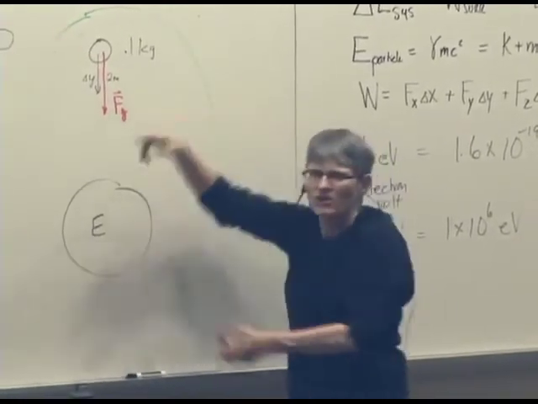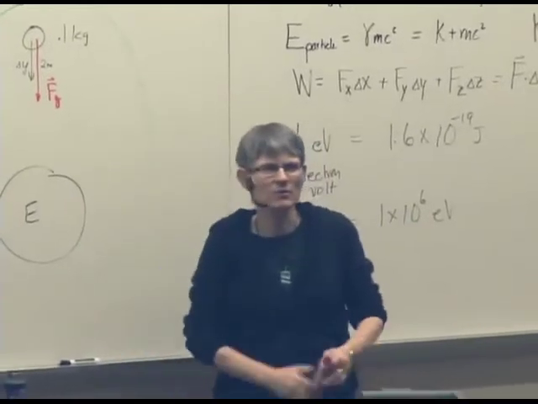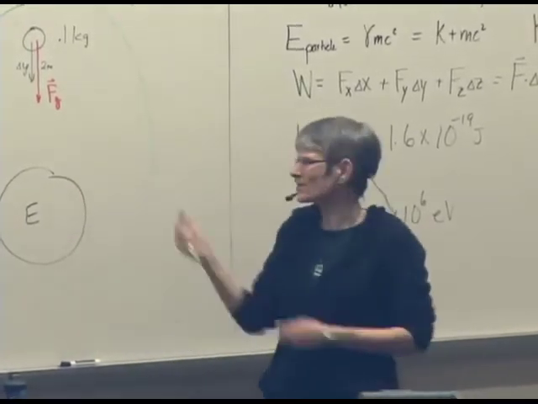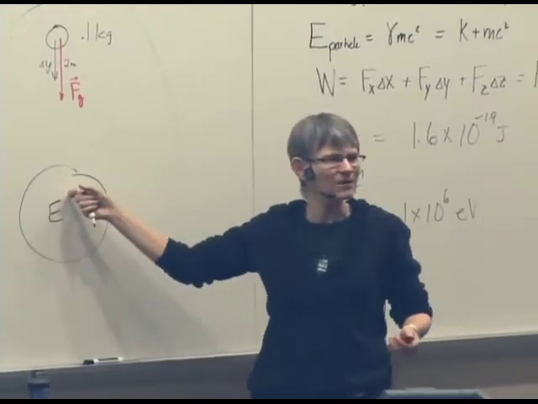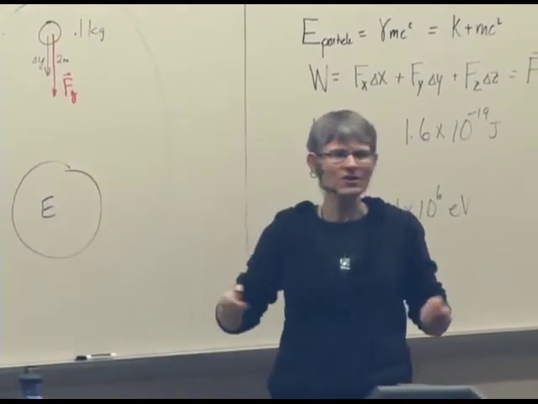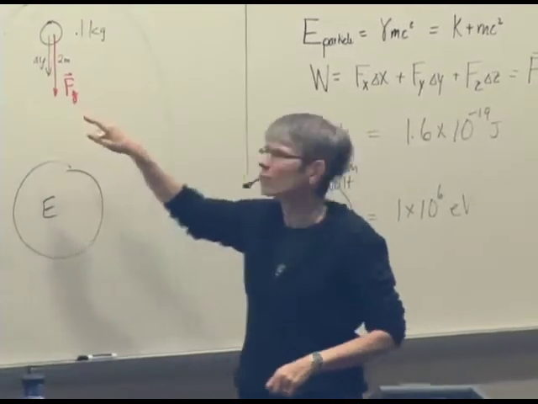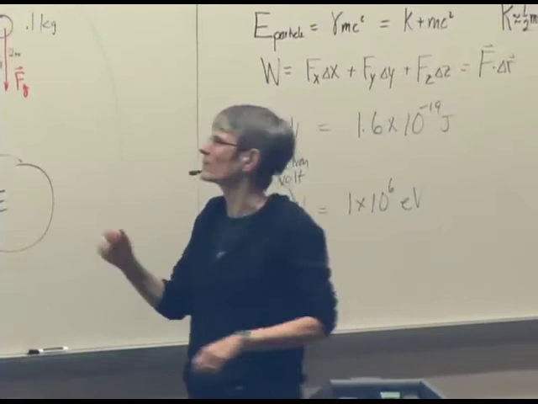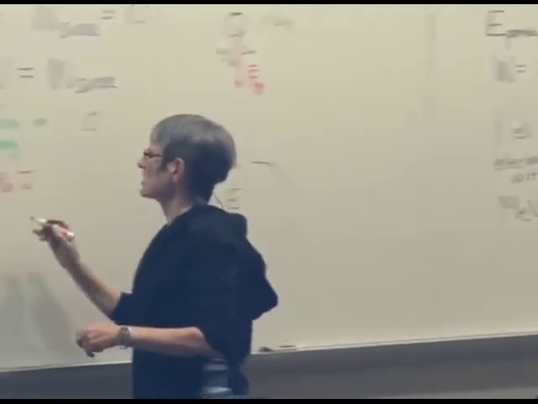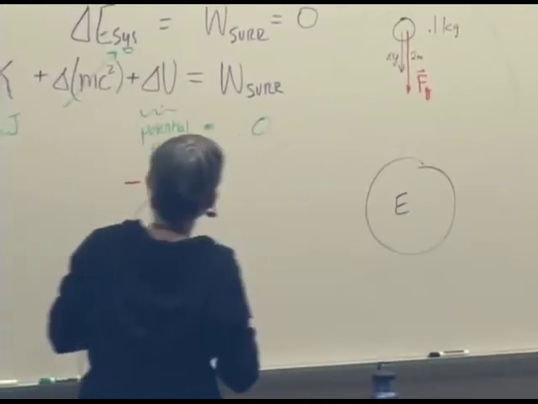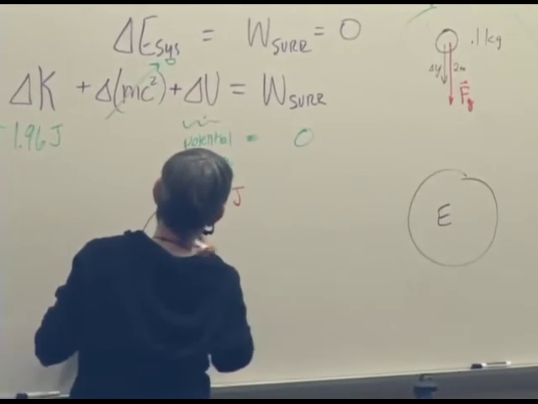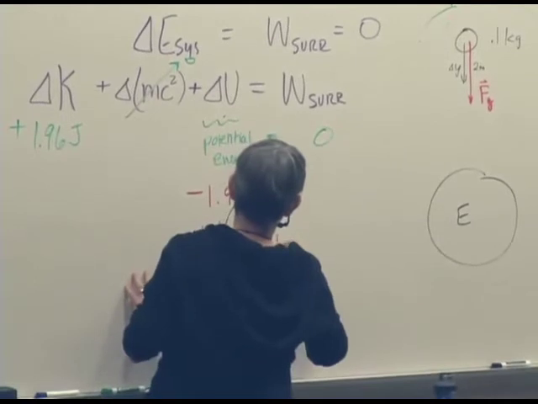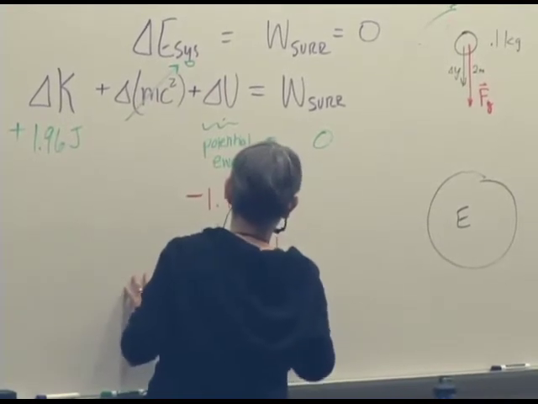All the same things still happened, but when we defined the system as both things, there was no work by external objects, but there was something like work by this object that was internal to the system. This 1.96 joules of work was done by forces internal to the system. So it looks like what this is, minus the work done by internal forces.